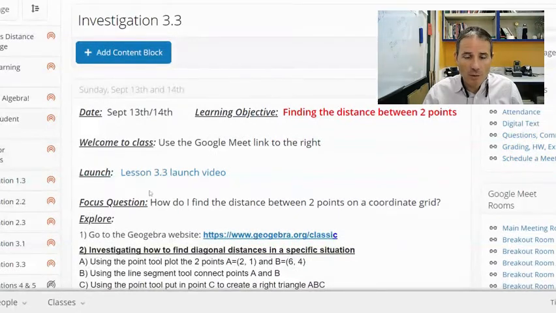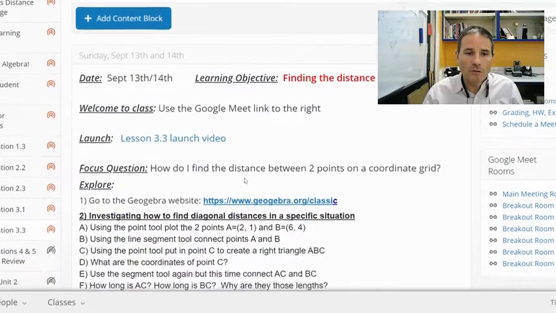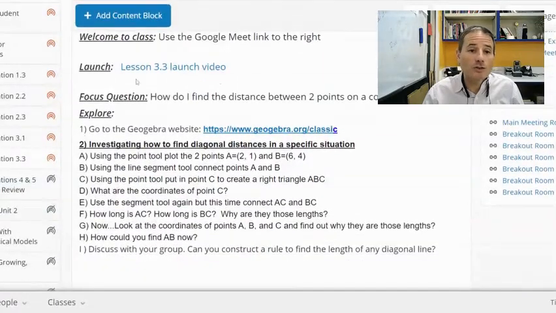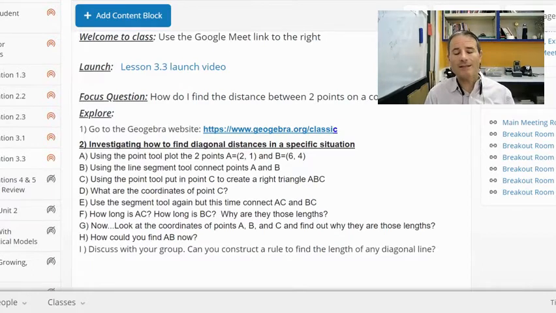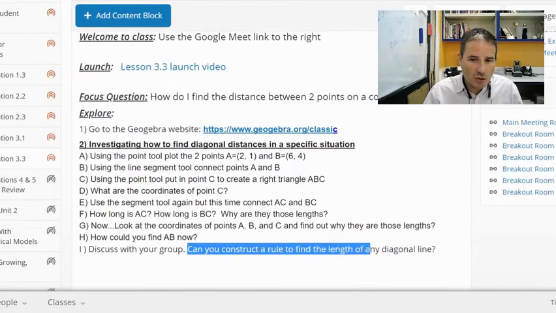We watched our video. Again, don't be afraid to revisit that video if you were a little confused today. Then we had our first introduction to GeoGebra. I love GeoGebra. It's a fun little play toy. It has lots and lots of tools. These were the steps we went through, ultimately trying to get to the end point of, can we construct a rule for the length of any diagonal?